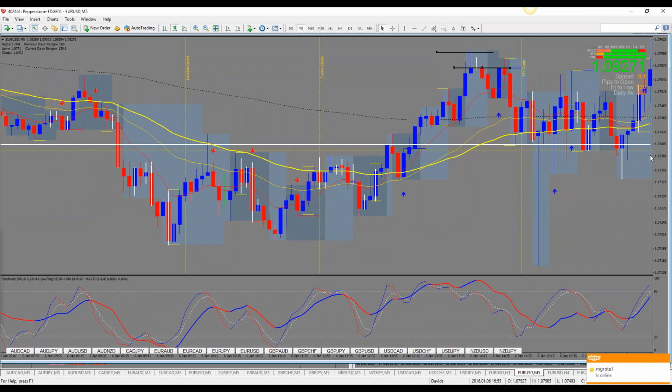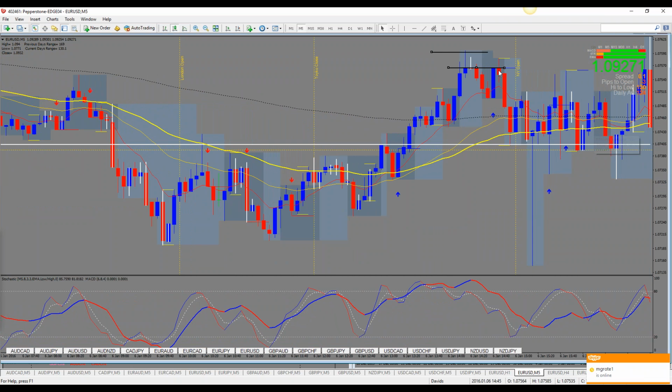I have no solid indication of what way the market's going to go here. It's hovering around the 200. It's going up and down in this area, right around the daily open. The moving averages are all still extremely tight together.